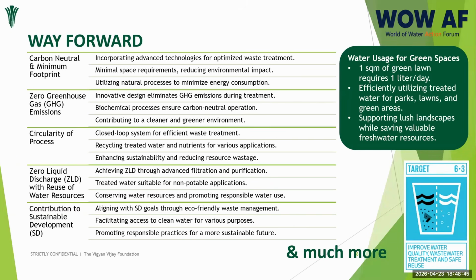So when you make use of all these things, the ZLD part of it comes up. Some of this water can be given away for reuse. For example, a lot of industries buy water from these recycled outlets at something like 500 rupees per kl.